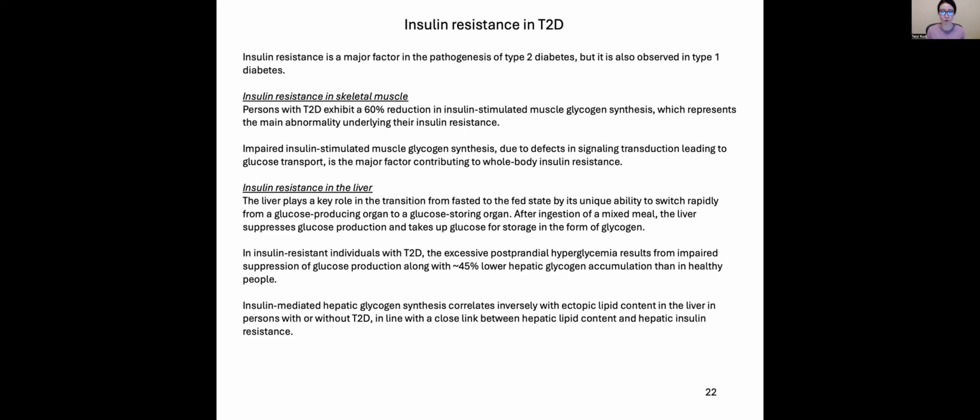And also they are unable to accumulate glucose in the liver after eating a meal compared to healthy people. And insulin-mediated hepatic glycogen synthesis correlates inversely with ectopic lipid content in the liver in people either with or without type 2 diabetes. So there is a close link between hepatic lipid content and hepatic insulin resistance.